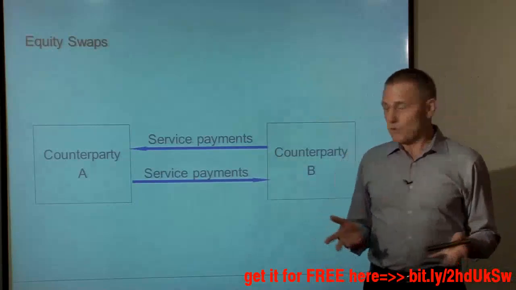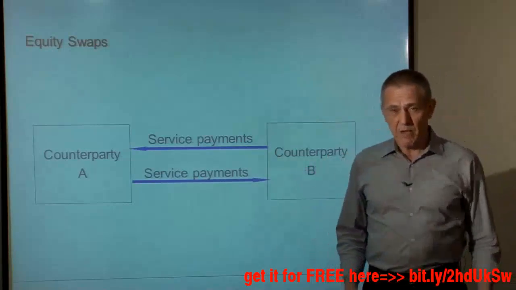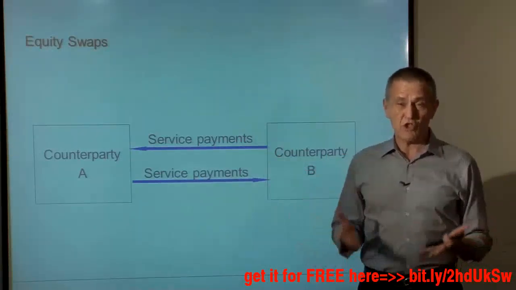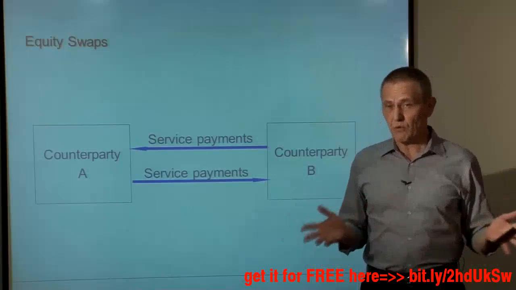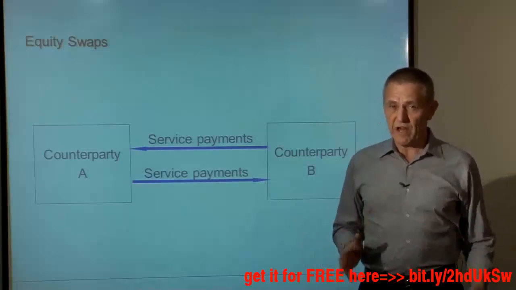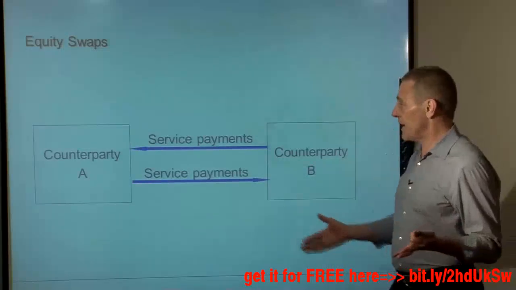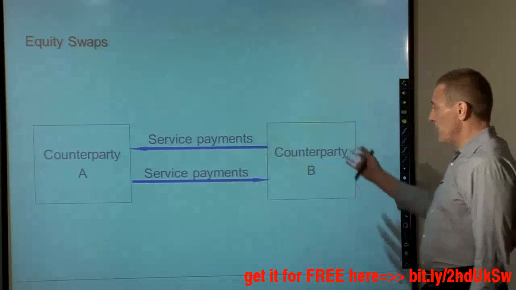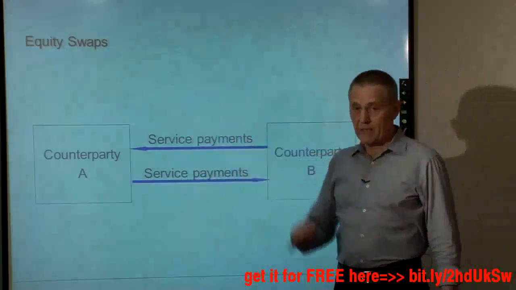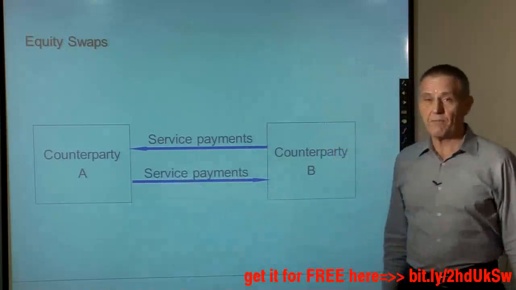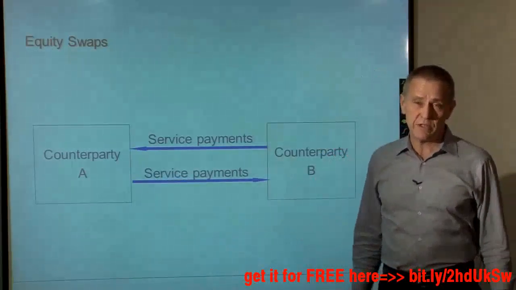As indicated by this diagram, it's referred to as a swap because the two counterparties are agreeing to exchange, as I said before, risks or exposures. But those risks or exposures are quantified in the form of what are referred to as service payments. So in the diagram, you've got one counterparty making a stream of service payments to the other, in return for which they're receiving from that counterparty service payments tied to something else.